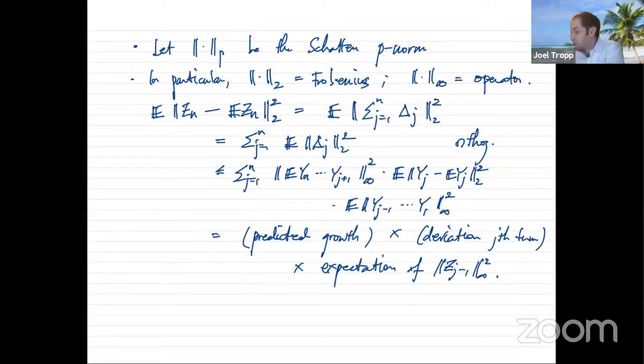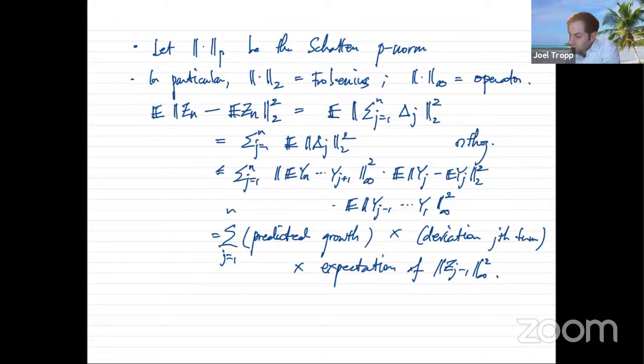So how much has the sequence grown up to the current time? How much does the jth term fluctuate? And how much more do we predict that the sequence is going to grow in the future? And then we need to add this up over all of the summands. Okay, so this gives us a way to think about the behavior of a random product. What's already happened? How much is it fluctuating right now? And what do we anticipate is going to happen in the future?